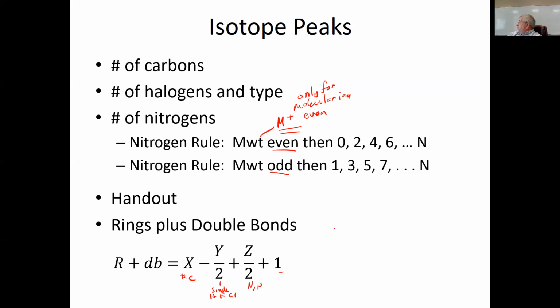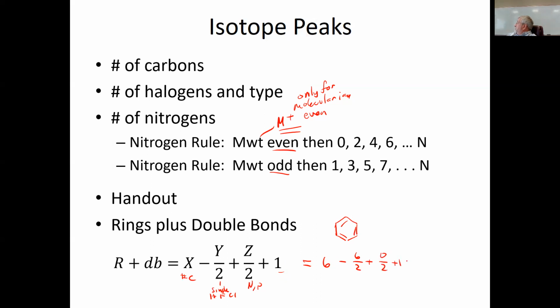And so if you have an aromatic ring, then you'd have 6 carbons. You subtract, you have 6 hydrogens, right? 6 divided by 2. And then you add 0 over 2, right?